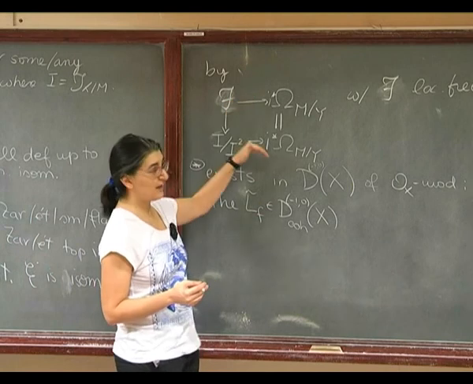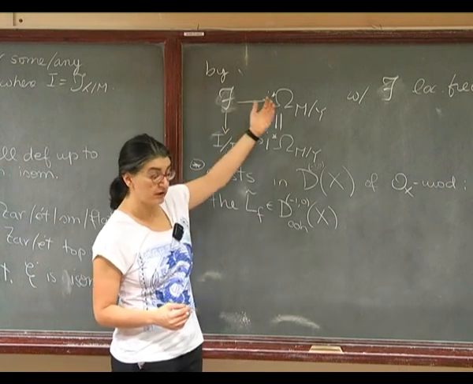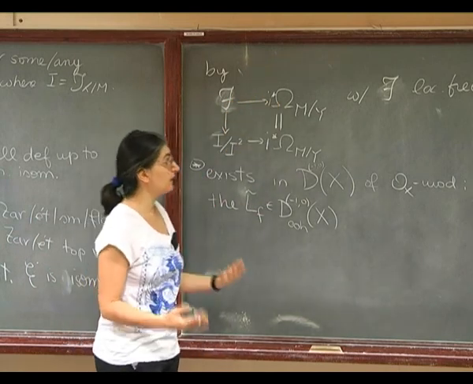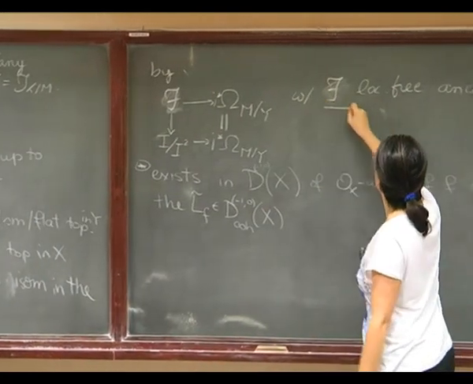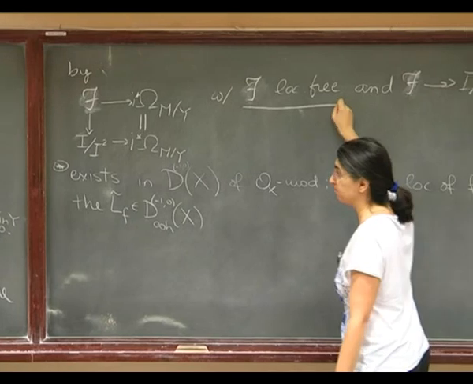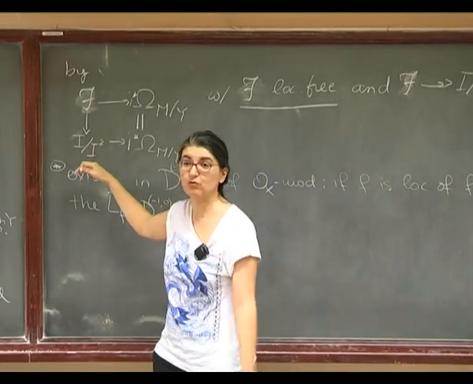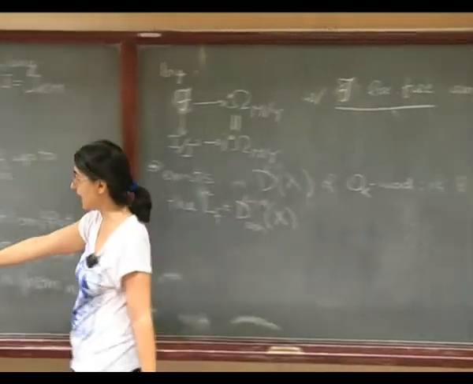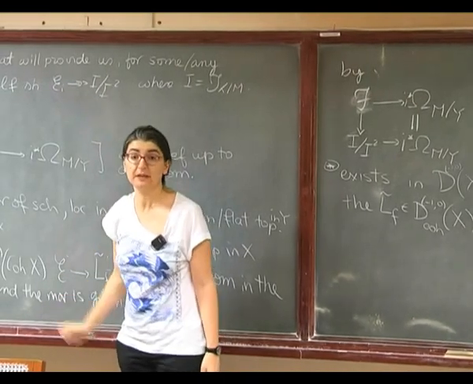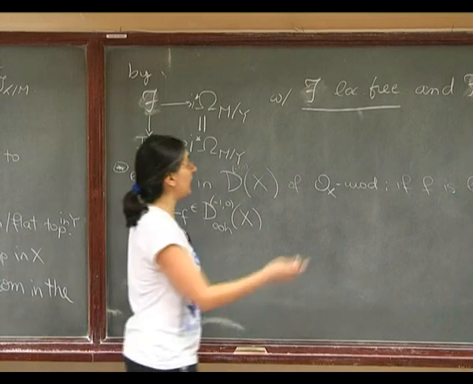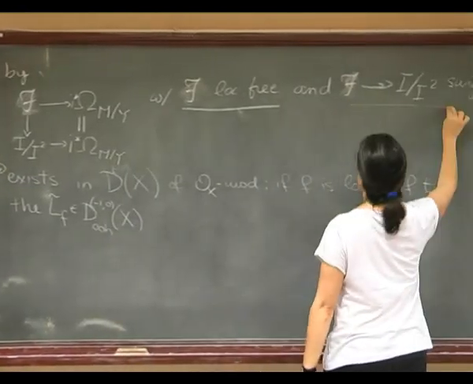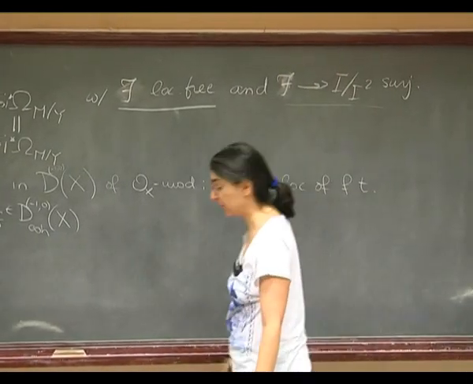But that matters much more when we work locally, so we have two different conditions. This condition doesn't have so much to do with the map, it only has to do with a complex. It means locally I can write it this way. And the second condition, of course, has to do with the map.